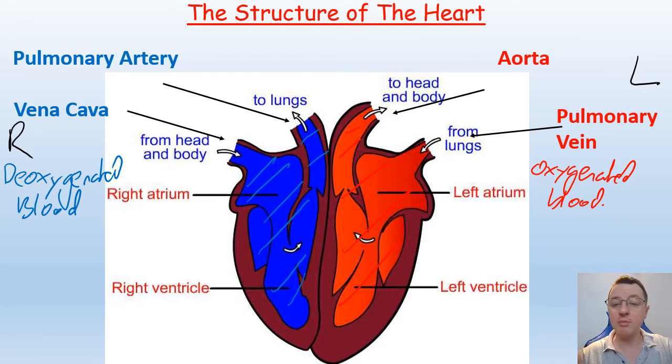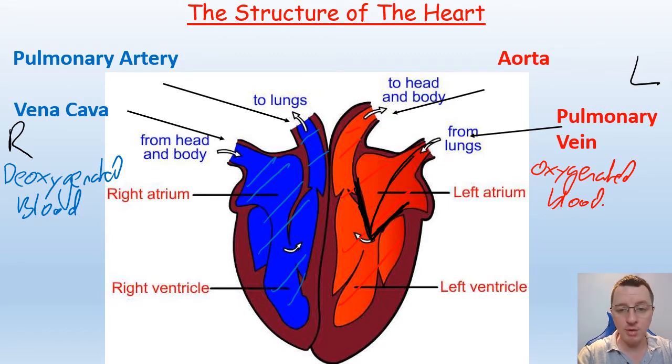So if we begin with the left hand side of the heart, and we think about the fact it's carrying oxygenated blood, we identify next the valves, and I'm colouring those in black here. And you can see these valves here because they form an arrow.